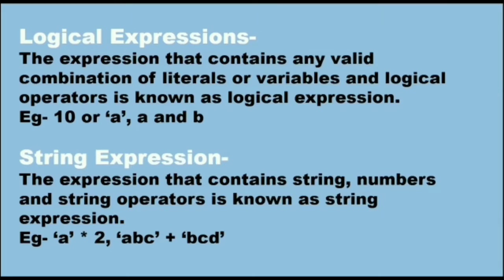So for example, I have written A into 2. Now A is a string and 2 is a number connected by a string operator, that is multiplication. In the same way, two strings can also be connected with the help of another string operator, that is called the concatenation operator or plus operator.